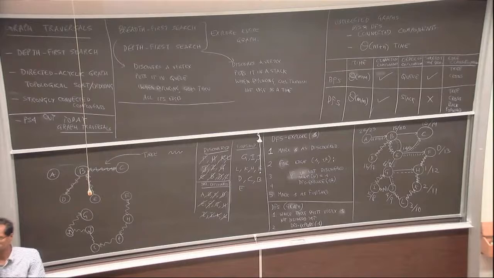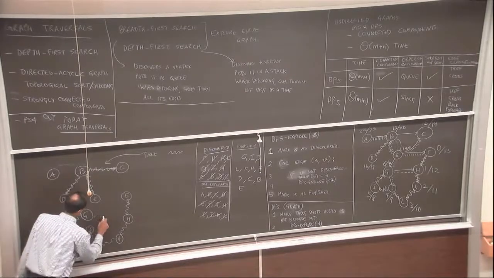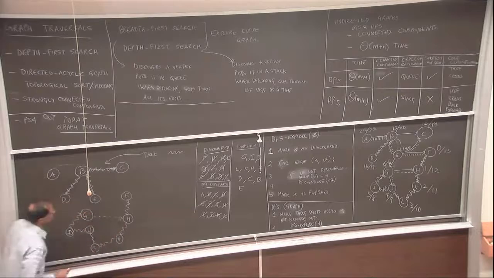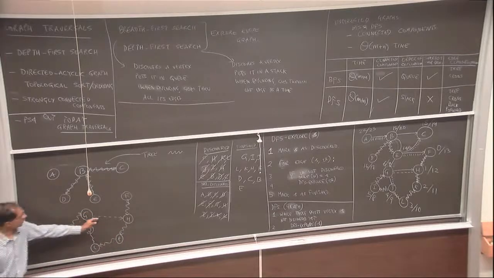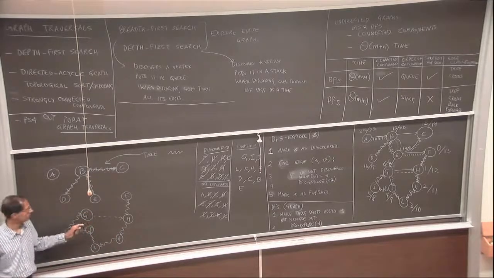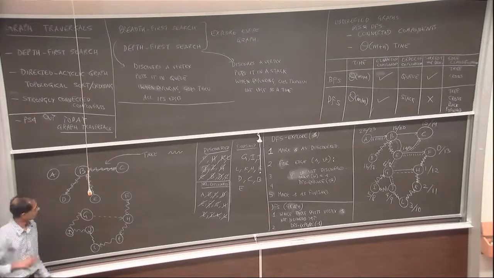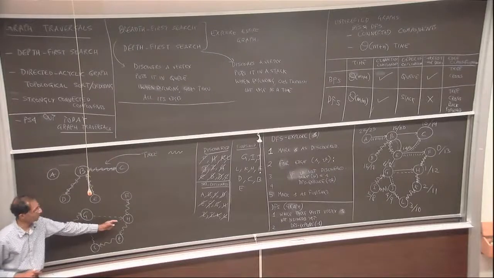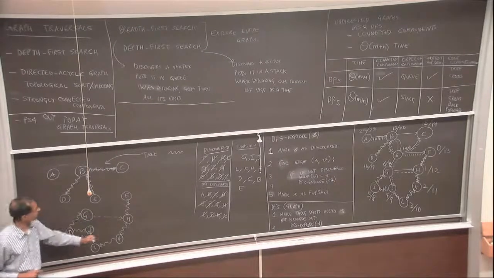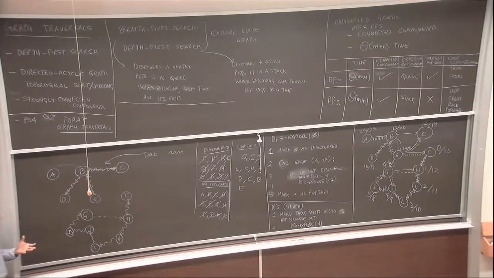Is that clear? Then we have edges such as this one. This is an example of an edge that is going from a descendant to an ancestor. Can you give another example of an edge from a descendant to an ancestor?